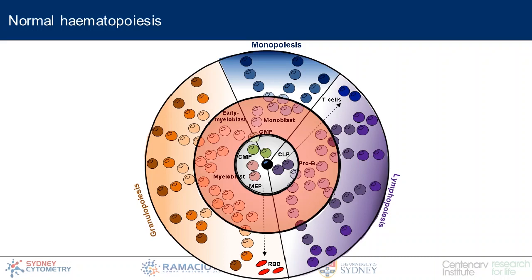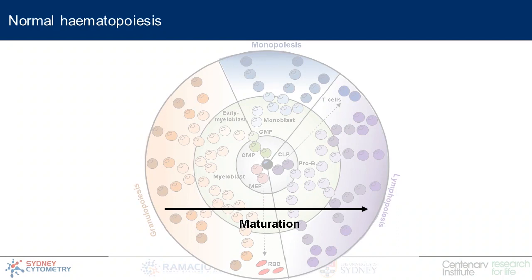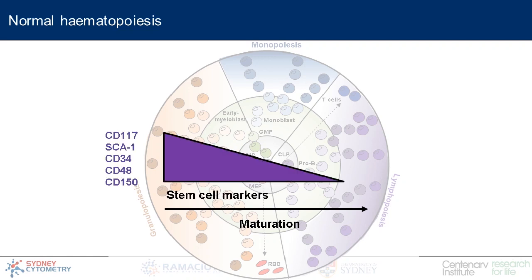Now, it's also the most difficult area to analyze. If we think about what differentiation looks like in terms of the proteins we can track on or within cells, stem cells are reasonably well defined based on the protein markers that we can find on them. So these have a fairly well-defined phenotype.